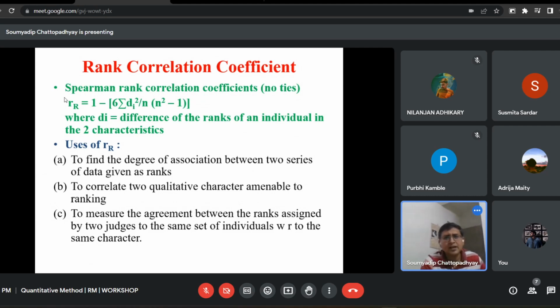So the rank correlation coefficient is different from the normal correlation coefficient. It is only applicable when you can assign some sort of ranks to the data with which you are working.